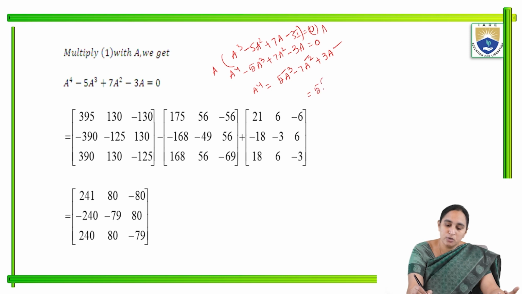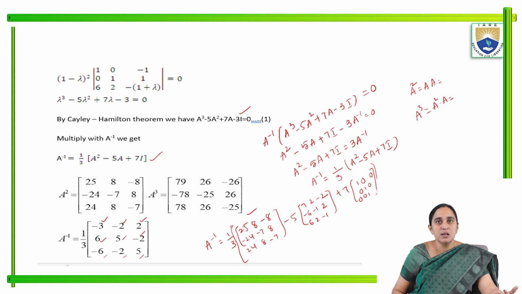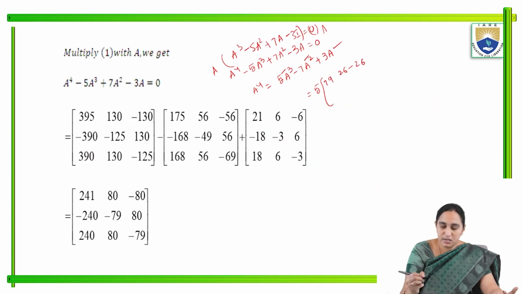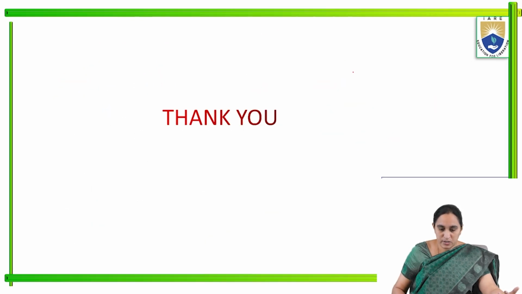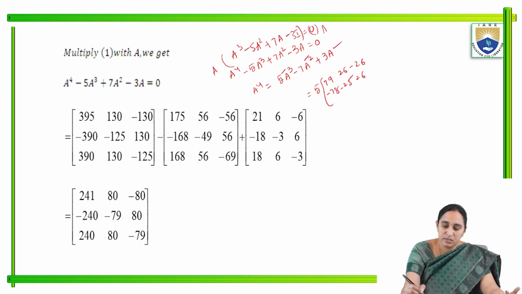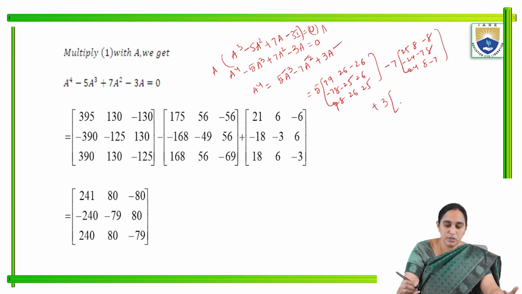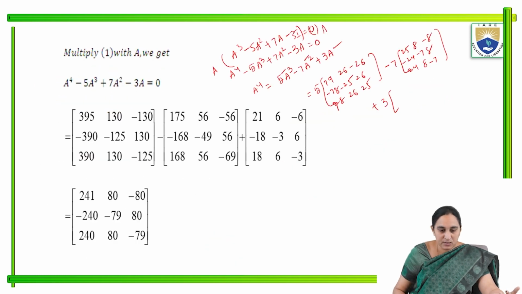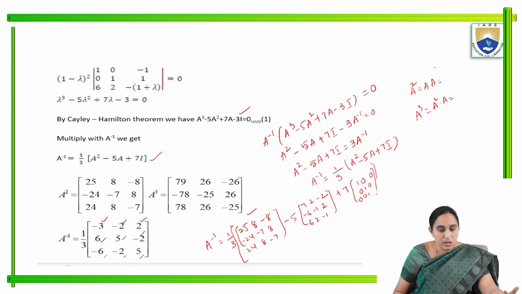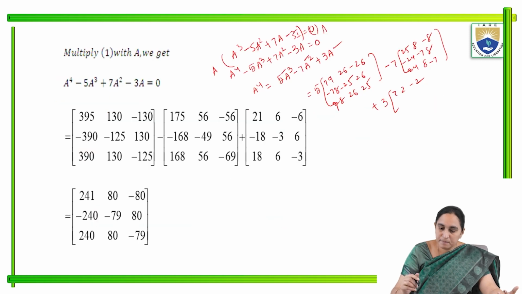Then we multiply 5 into A cube, which is 79, 26, minus 26; minus 78, 25, 25, minus 25 and 26; and the next row 78, 26, 25; minus 7 into A square, which is 25, 8, minus 8; minus 24, minus 7, 8; 24, 8, minus 7; plus 3 into A, the given matrix, which is 7, 2, minus 2; minus 6, minus 1, 2; and the last row 6, 2, minus 1.